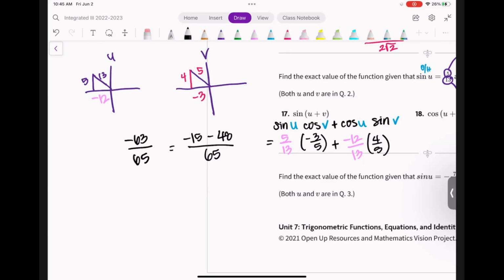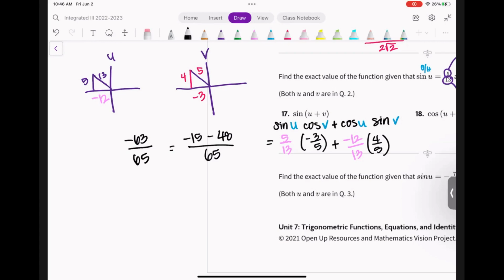If you think about the parts of this problem, the first part that may have been challenging is, oh, I have to draw out these triangles, and oh, I have to find the third side. And then from there, I've kind of kicked you back to integrated 2, where you're just finding the sine and the cosine of a given angle in a right triangle.